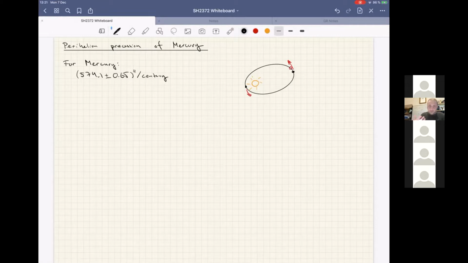Mainly the other planets affect this orbit. That is going to explain around 532 of this, explained by non-two-body effects. So that leaves slightly above 40 arc seconds per century to be explained.